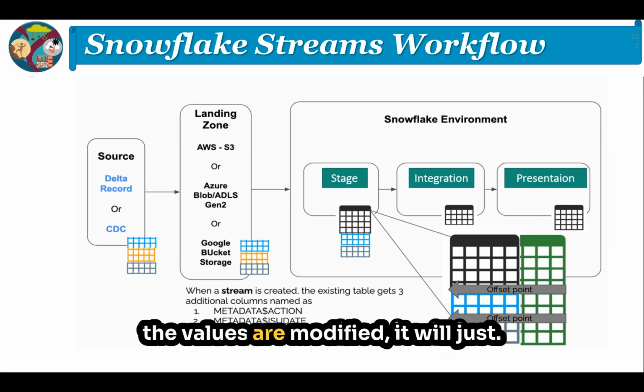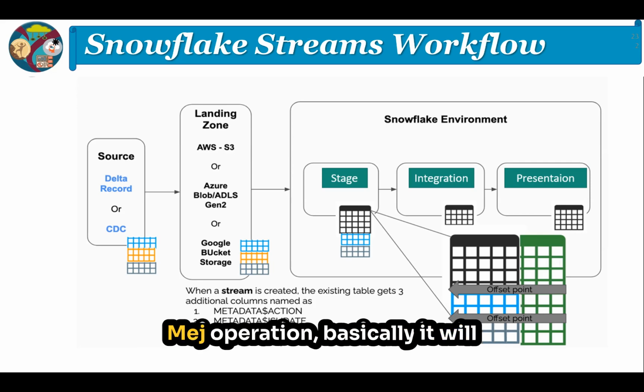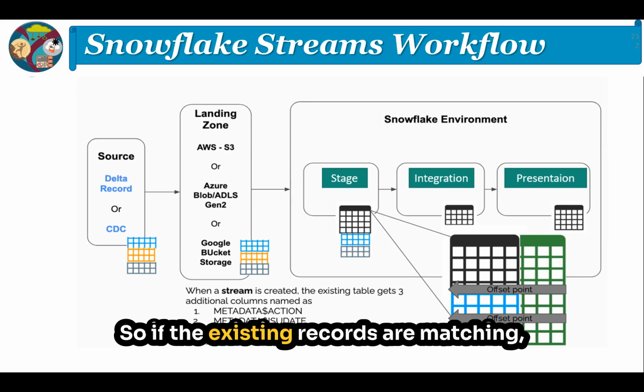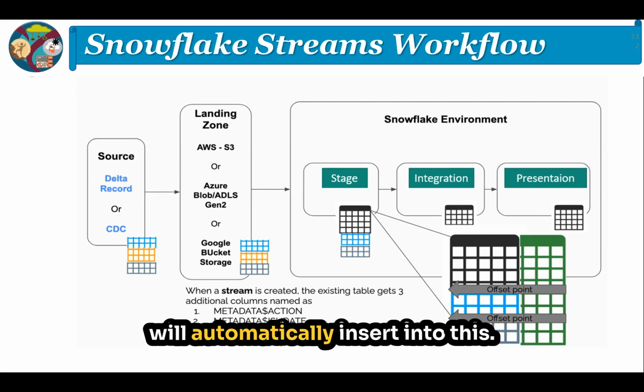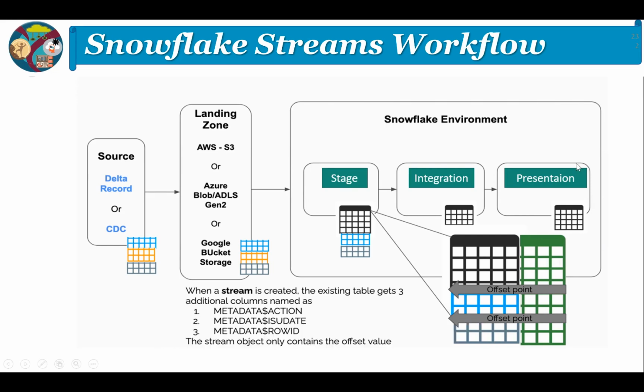If the values are modified, the merge operation will do an update, and for new records it will do an insert. So if existing records match, it automatically updates them, and if new records are there, it automatically inserts them into this int table.